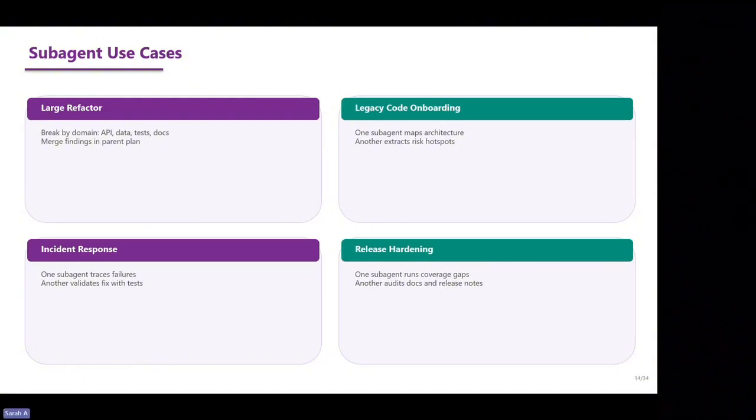Then another reason why you can use a sub-agent will be legacy code onboarding. Some of the applications, if you're going to be working for an organization, are inheriting code that people wrote in 1999 or 2000 or 2001, right? And they are scared of making some changes. So another reason you can use a sub-agent in this instance would be when you want to work with an old code base.